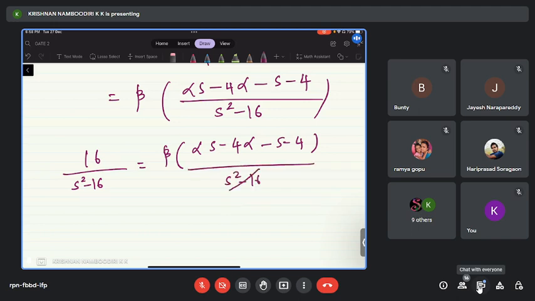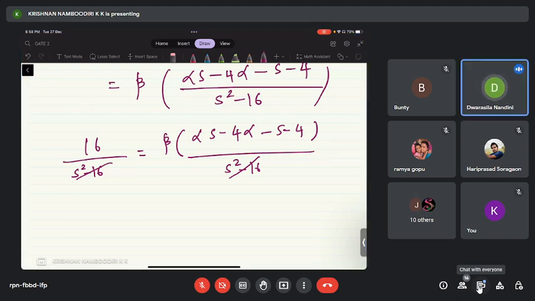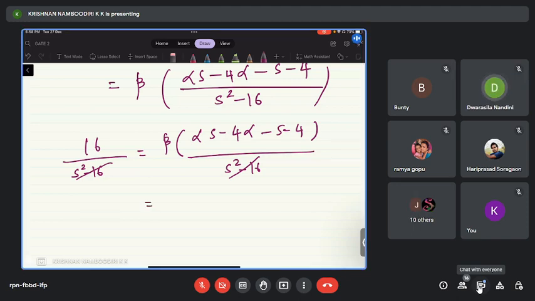So these terms you can cancel out. So basically here, this is equal to beta into alpha minus 1 into s. Basically, I am clubbing this and this, okay, minus 4 into, correct, now I am clubbing these two, minus 4 alpha and minus 4 alpha plus 1.